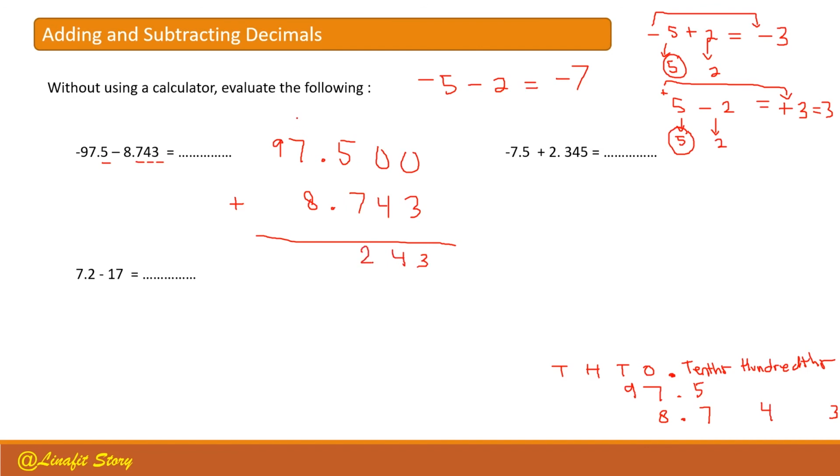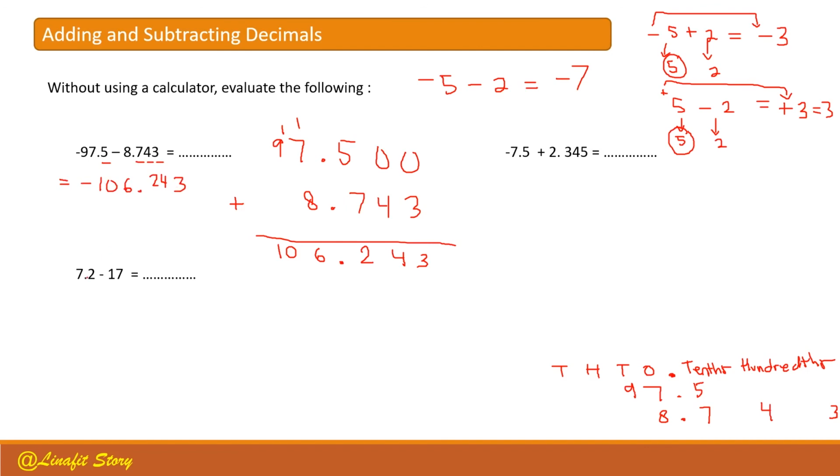Then you regroup. 1 plus 7 plus 8 is 16. Then regroup. 1 plus 9 is 10. Don't forget, put the decimal point. So the answer is negative 106.243.